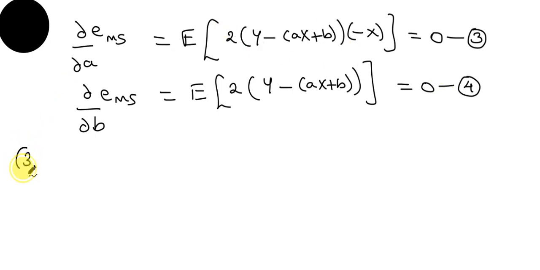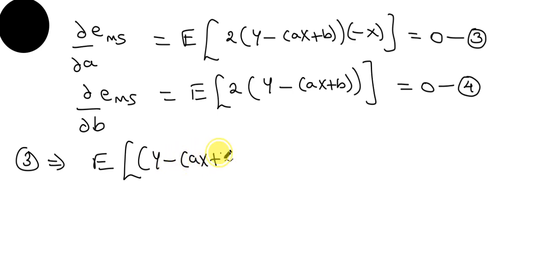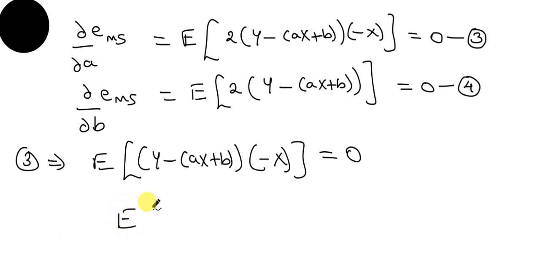Now equation 3 implies, when I expand, E of y minus ax plus b into minus x, this value equal to 0. Now please try to expand this term. When I expand this term, I will have E of xy with the negative sign, and I will have plus x into ax plus b.